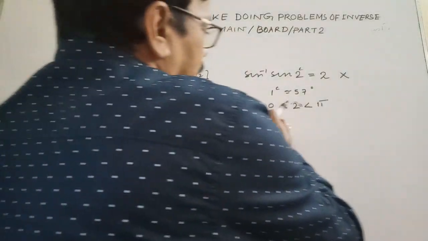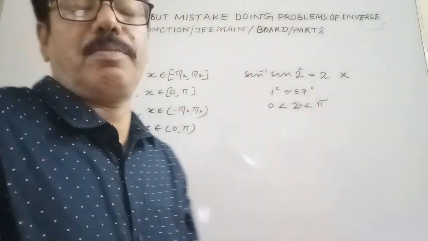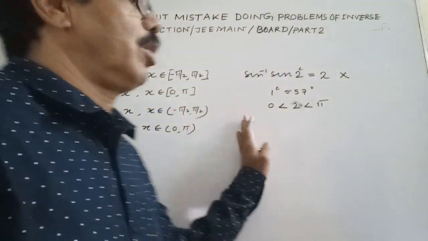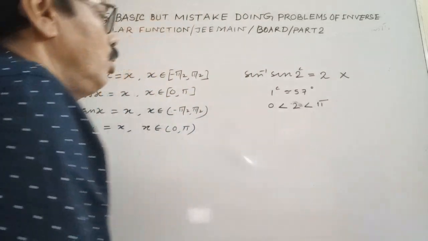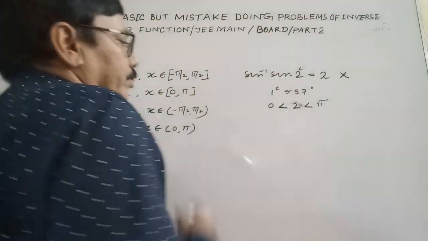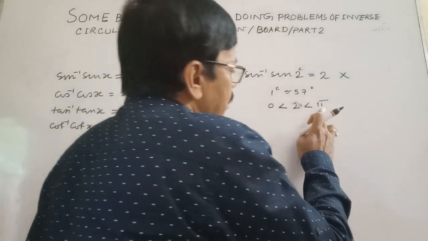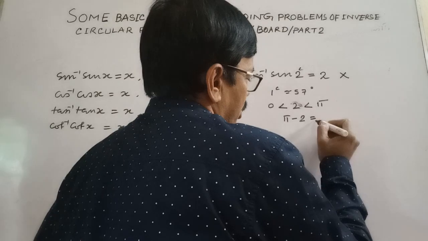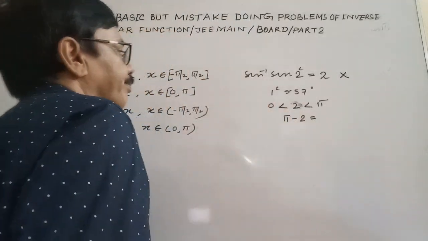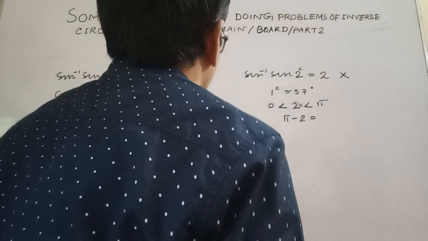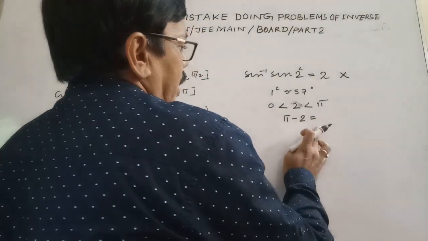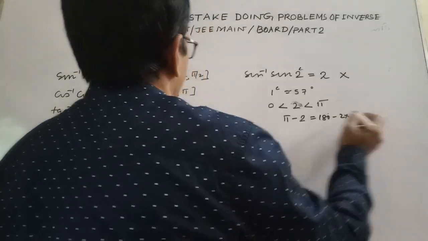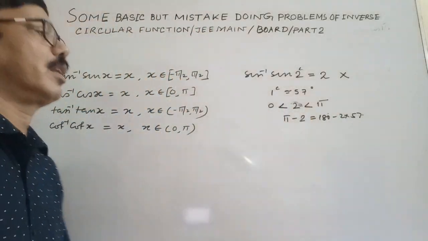We write the left-hand and right-hand sides in terms of multiples of pi. Now look, pi minus 2. Pi is 180 degrees, minus 2 into 57, so it lies in this interval.